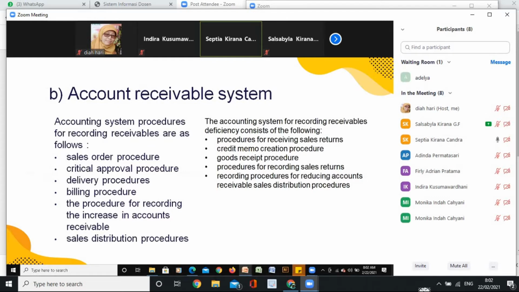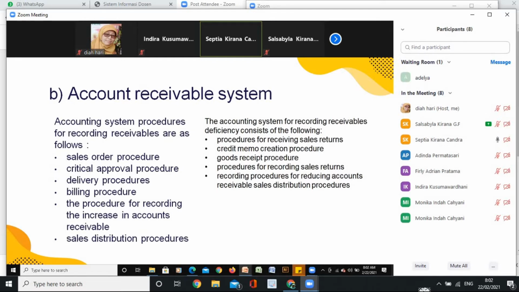Account receivable system. The account receivable system is designed to record account receivable transactions and receivable reductions. The accounting system procedures for recording receivables are as follows: sales order procedure, credit approval procedure, delivery procedure, billing procedure, the procedure for recording the increase in account receivable, and sales distribution procedure.